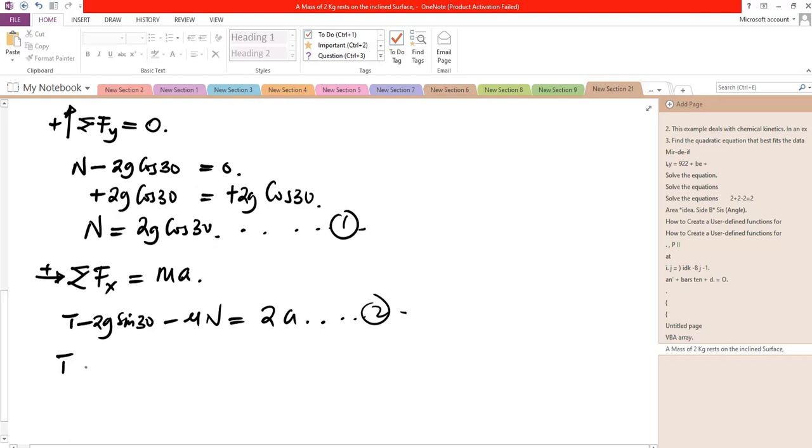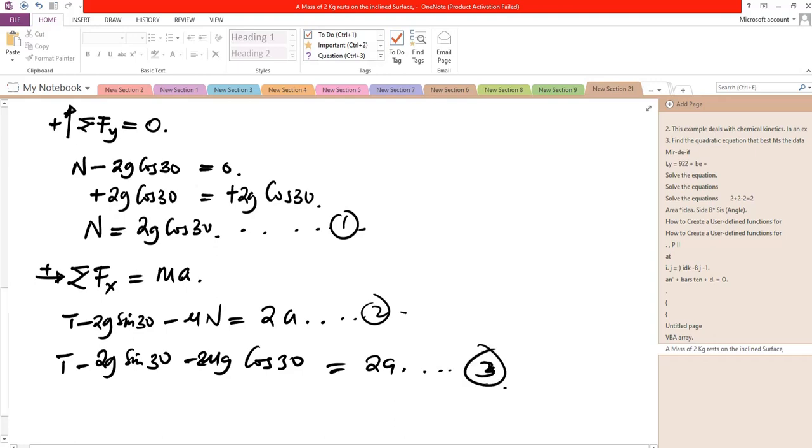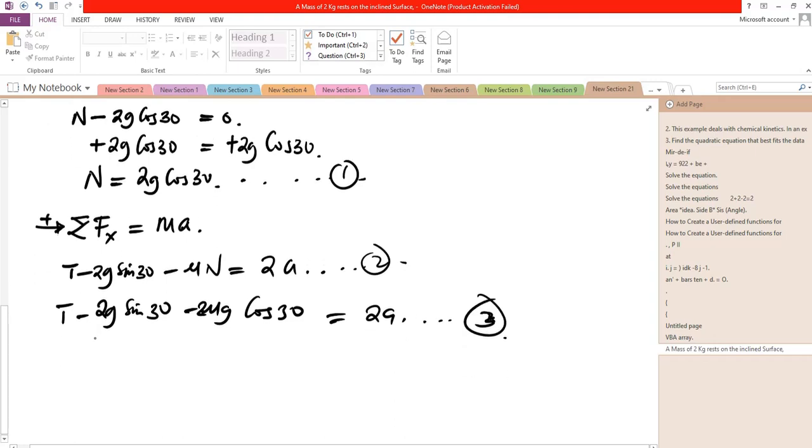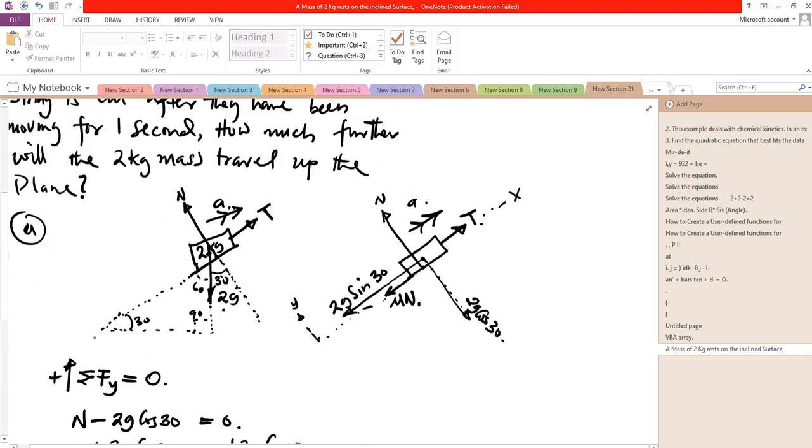So substituting N equal to 2g cos 30, you have T minus 2g sine 30 minus 2 mu g cos 30 equal to 2a. Let me call this equation 3. Now we have gotten this.